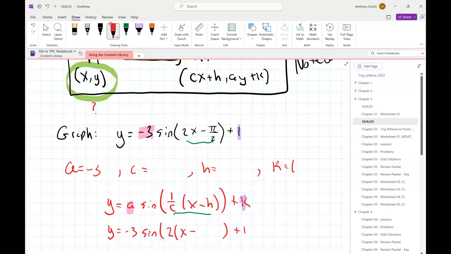Because when I'm factoring off that 2, what operation am I really doing? I am dividing, right? What is 1/2 divided by 2? 1/4. So what is pi over 2 divided by 2? Pi over 4.